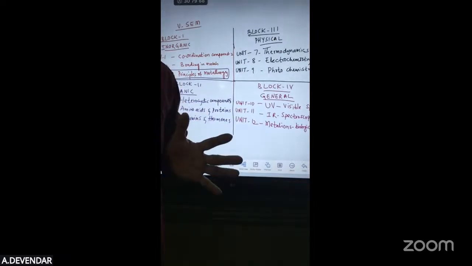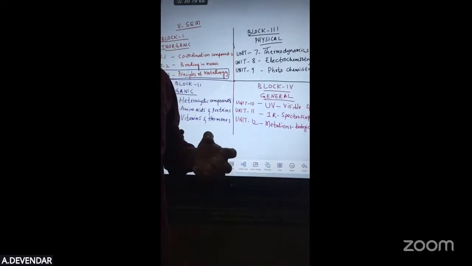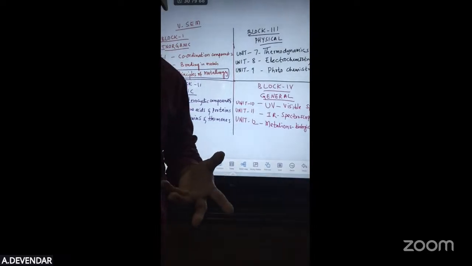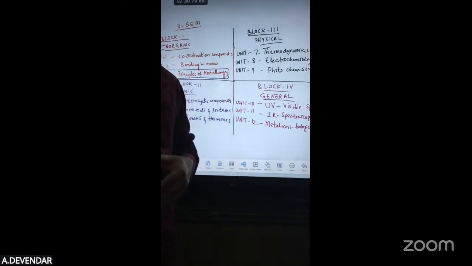Ligands may be neutral or negative. Neutral ligands include ammonia, NH3, and water. EDTA, ethylenediaminetetraacetate, and ethylenediamine are also considered here.